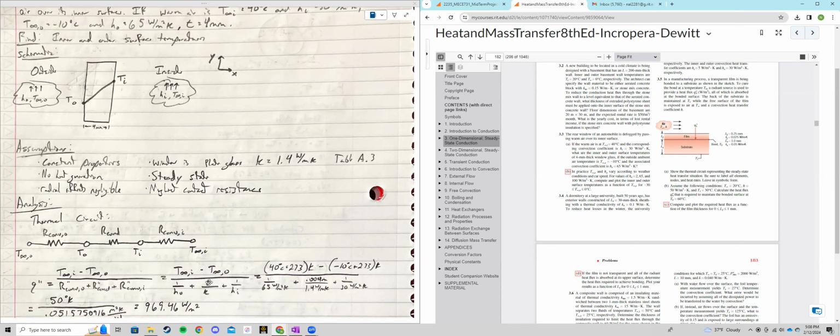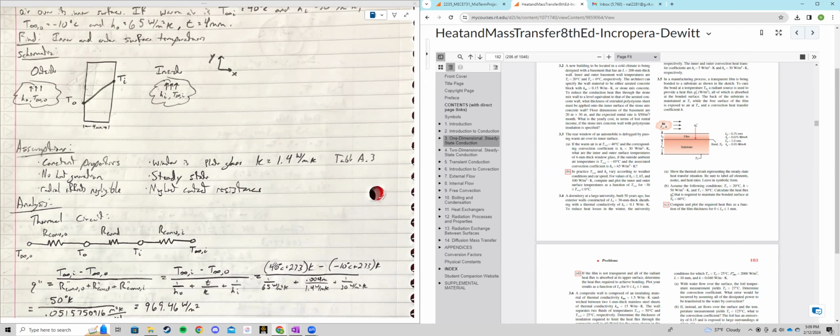So we are going to put the 4 millimeters, or in this case, 0.004 meters, to ensure that we have the correct units, over the thermal conductivity coefficient that we found, which is 1.4 watts per meter Kelvin. And then finally, we're just going to do the same thing for the inside as we did for the outside. So that's going to be 1 over 30. Here we are changing these values into Kelvin just to ensure that the units all cancel out correctly.